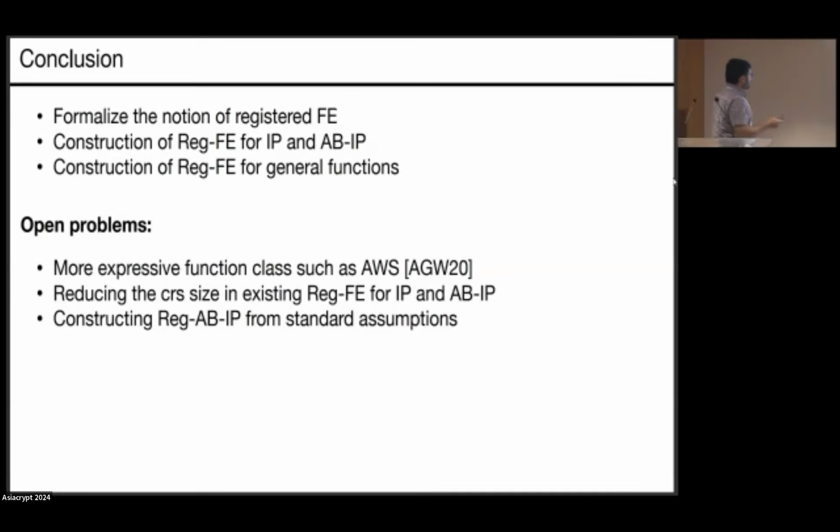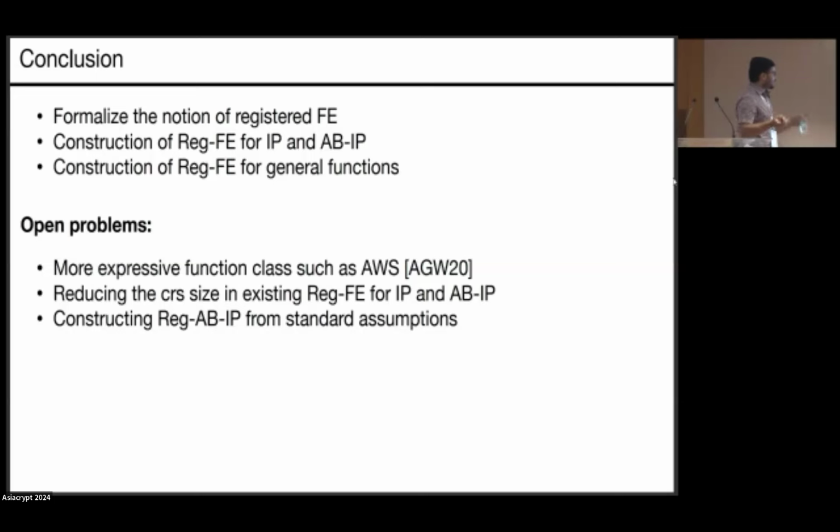Okay, I will finish my talk with a few open problems. So for instance, it will be interesting to see whether we can build registered FE for more expressive function classes such as AWS, which is attribute weighted sum introduced by Abdalla et al. in 2020. So another interesting problem is to reduce the CRS size in existing registered FE for IP and ABIP, because currently the CRS size varies quadratically with the number of users in the system.